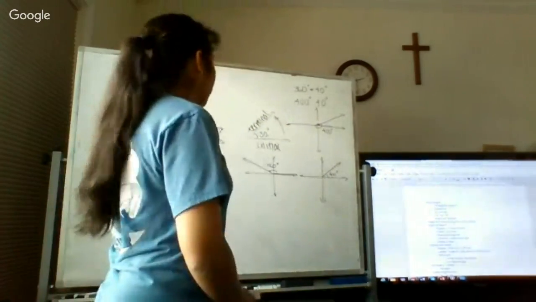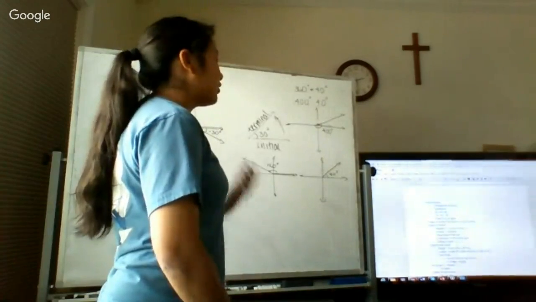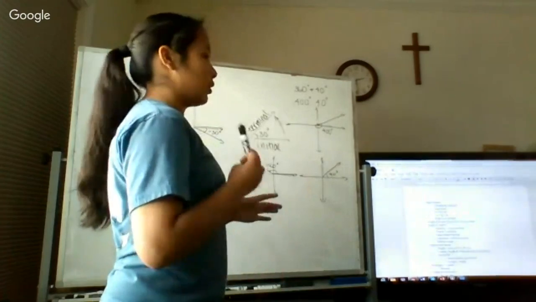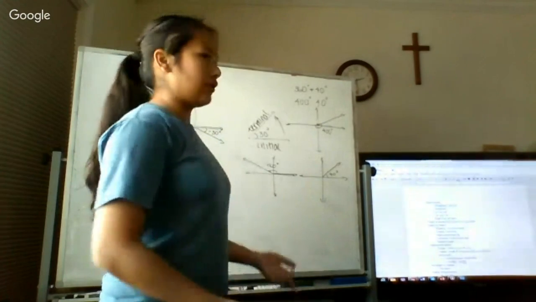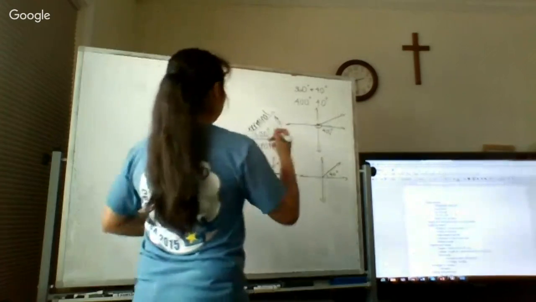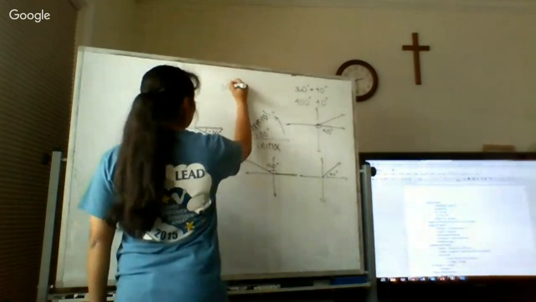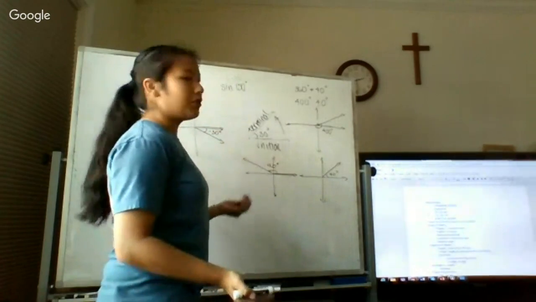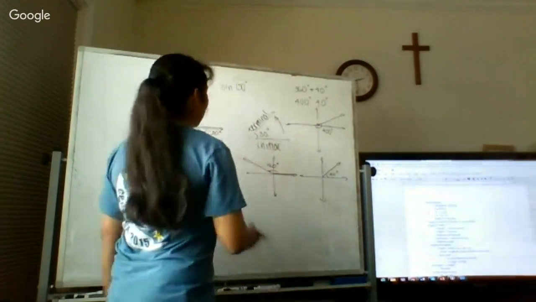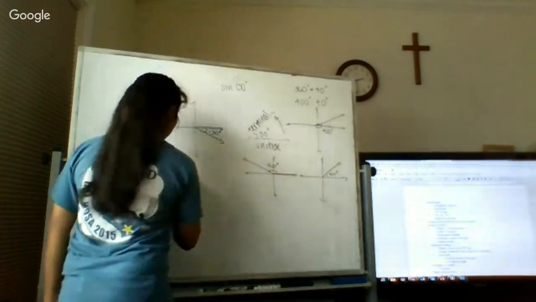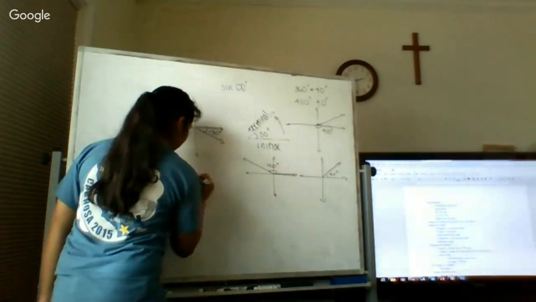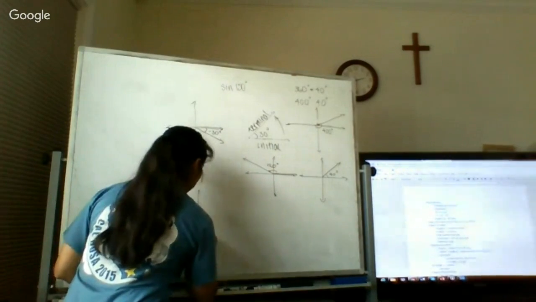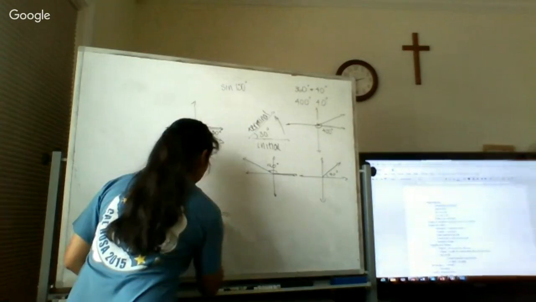Okay, so now we're going to learn about reference angles. Reference angles are important for the sake of our trig functions. If I asked you to do, for example, sine of 150 degrees, that might be a little bit difficult because you don't know exactly what triangle to use. When I say sine of 30 degrees, however, you can go, oh, okay, I'll draw a triangle, or our little reference angle like this.